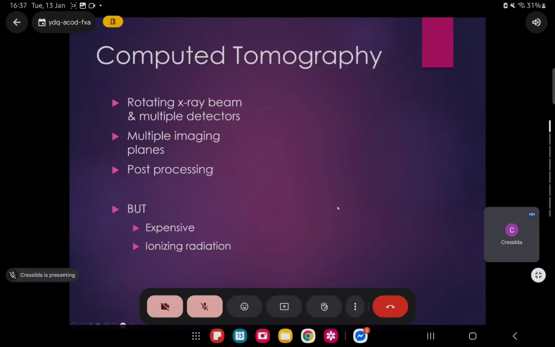Okay. So with the use of a gantry, that's where the patient would lie down. Then you would have rotating X-ray beams and multiple detectors. That's where the X-ray beam would be projected on. So these would turn over and over again. Then we would be able to get a large number of images, and then we could have 3D or MPR, or actual coronal and sagittal images when we reformat it.